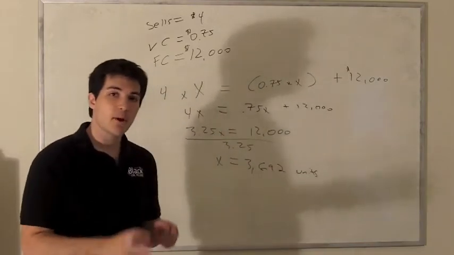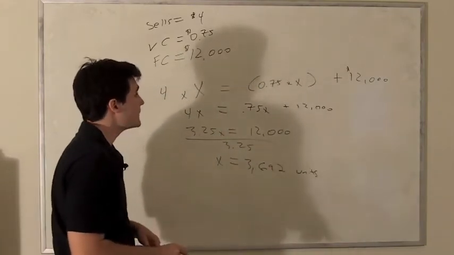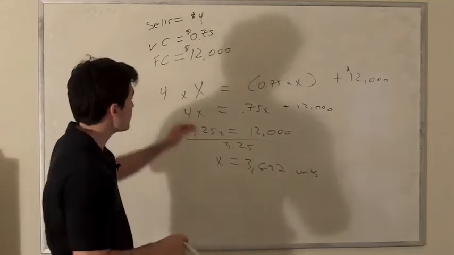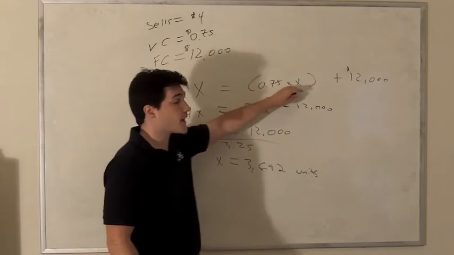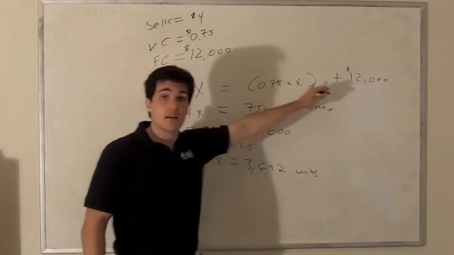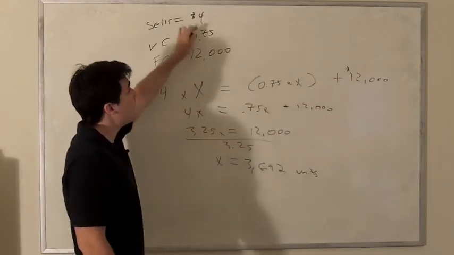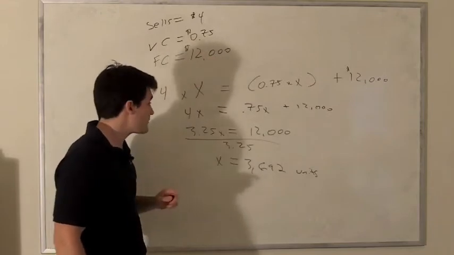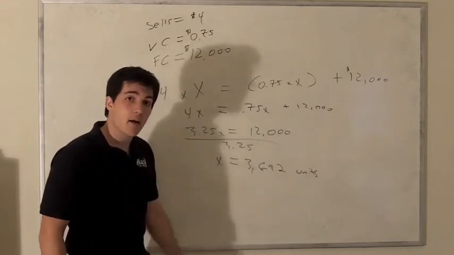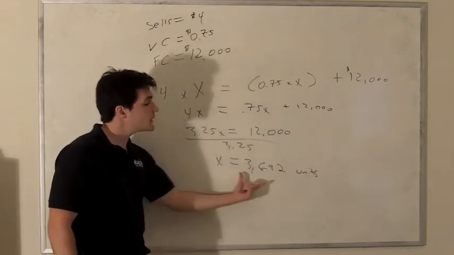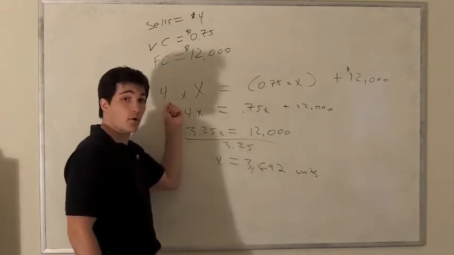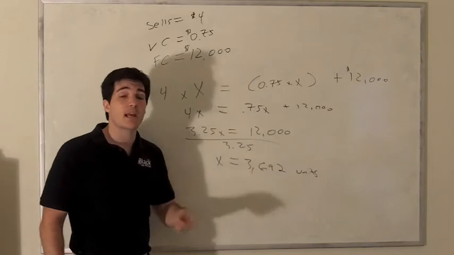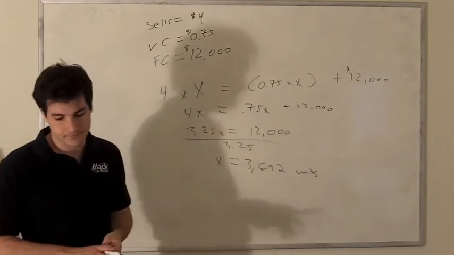So using the break-even formula, which is your sales price times X equals variable cost times X plus fixed cost, and the information we were given in the problem, you can determine that the company has to sell 3,692 units at $4 per unit in order to break even.